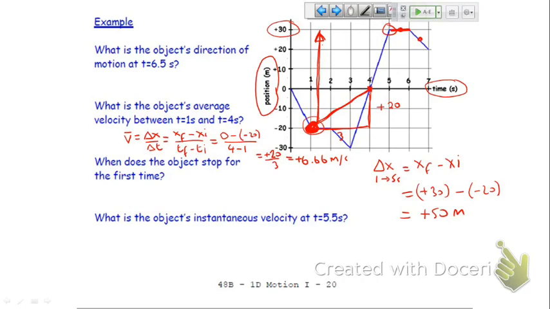This is mathematically not hard. You've been well trained mathematically for this. But what I've got to get you to do now is slow down before you dive into the math and check your visualization. It's what you're applying the math to, which is the most important thing.